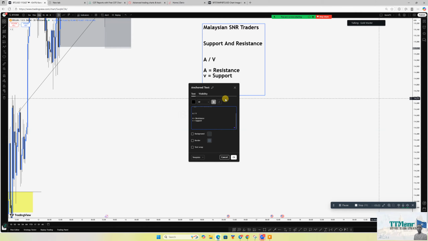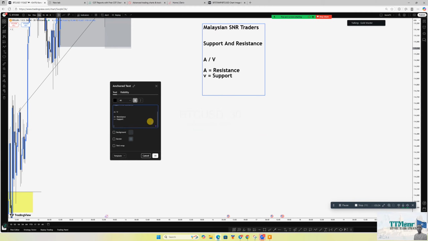So at resistance and support, we can either get what is called breakout, and also rejection.